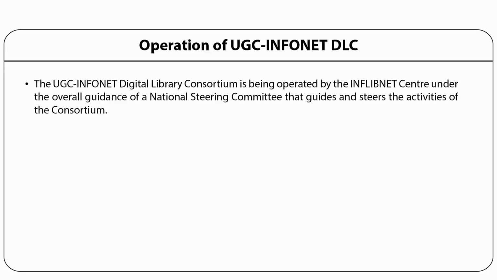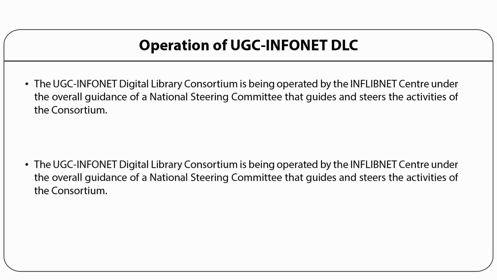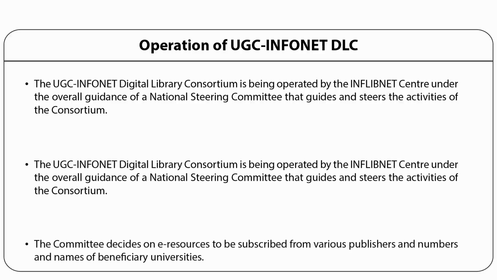The UGC-INFONET Digital Library Consortium is being operated by INFONET Center under the overall guidance of National Steering Committee that guides and steers the activities of the consortium. The National Steering Committee is responsible for operational aspects of the consortium. The committee decides on e-resources to be subscribed from various publishers, numbers and names of the beneficiary institutions.